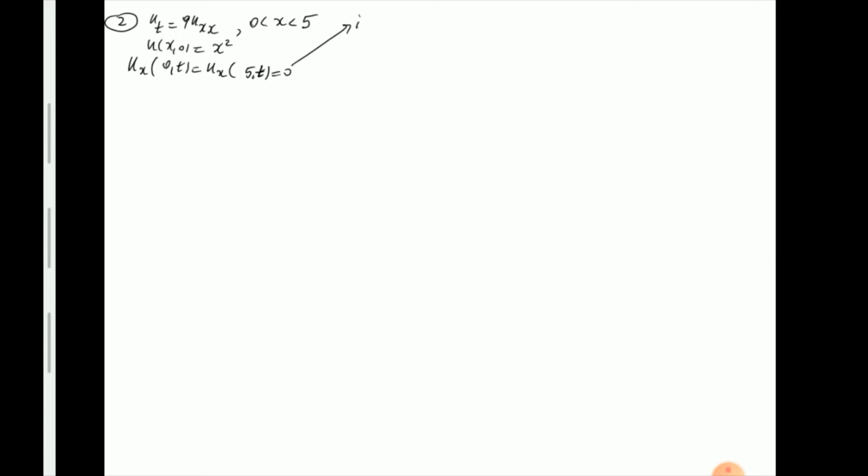So this means insulated endpoints of that bar. Because remember, the flow of heat is that conduction term times the temperature gradient. So to say that this is 0 means that the flow is 0.